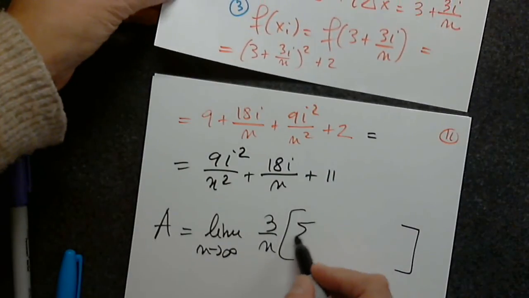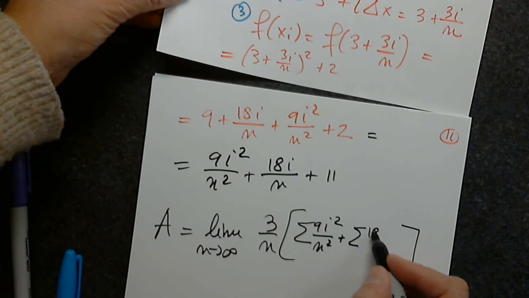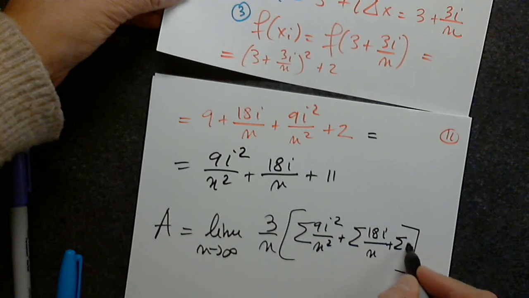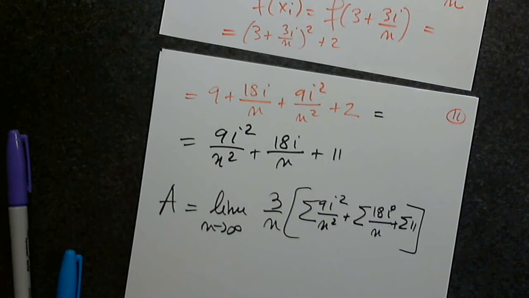So I will write the sum of 9i squared over n squared plus the sum of 18i over n plus the sum of 11. It cuts back on writing a little bit. So I should have written the sum of those 3 terms. But I went directly to writing the sum of the first term plus the sum of the second term plus the sum of the third. Of course, from i equals 1 through n.